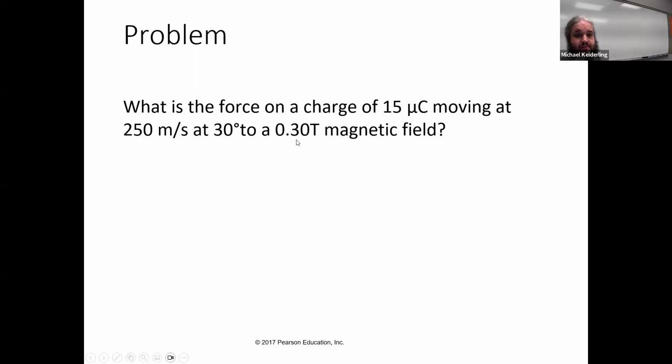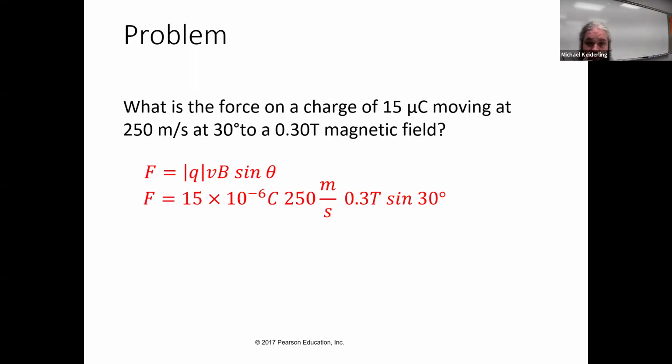So here's an example problem. What's the force on a charge of 15 microcoulombs moving at 250 meters per second at 30 degrees to a 0.3 Tesla magnetic field? So here, force is charge times velocity times magnetic field times the sine of the angle between them. That's between the velocity and the magnetic field.